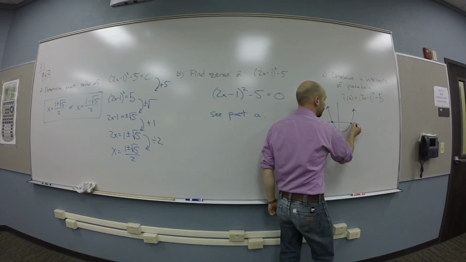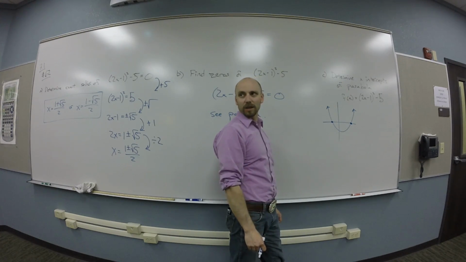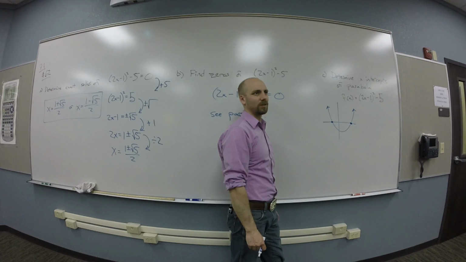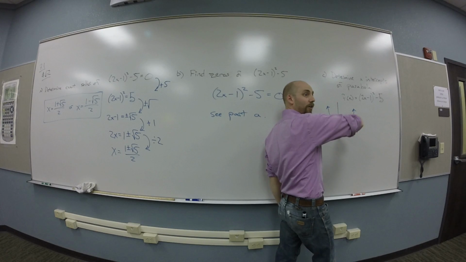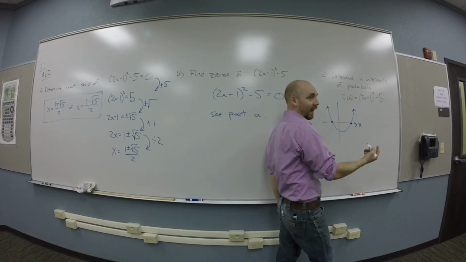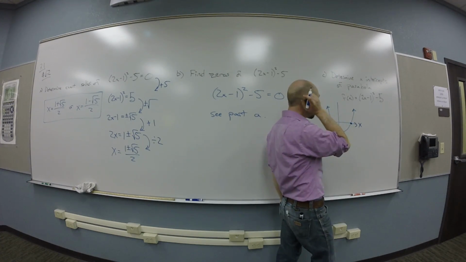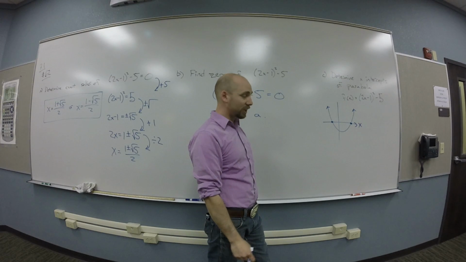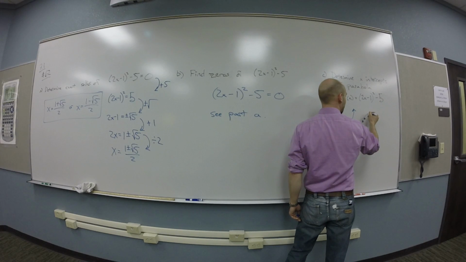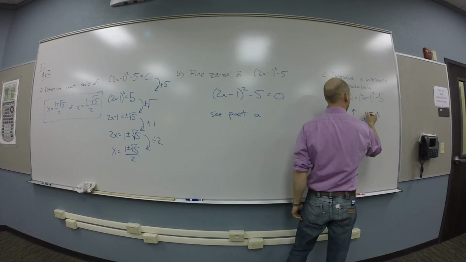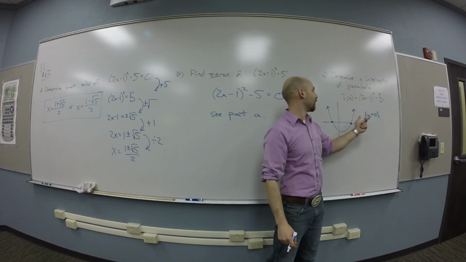So what I'm looking for is these two things. You guys see these are the x-intercepts? We call them the x-intercepts because that's where the picture intercepts the thing labeled x. So what are those? Those are where y is 0. That's what the x-axis really is. So I'm wondering, when does this function have an output of 0?